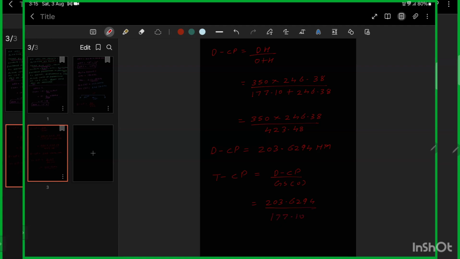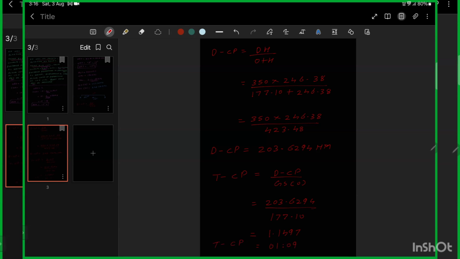Now let's solve this. That will give me 1.1497, that is 1 hour and approximately 9 minutes. This is the time to CP.